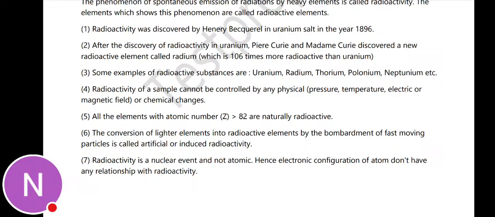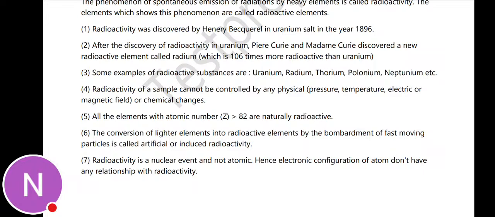The radioactivity of a sample cannot be controlled by any physical means, that is pressure, temperature, electric or magnetic field, or any chemical change. All the elements with atomic number Z greater than 82 are naturally radioactive.